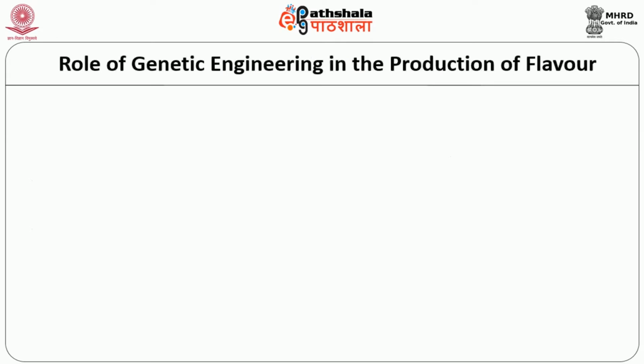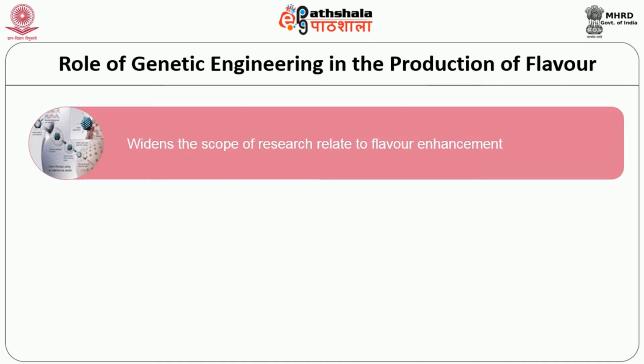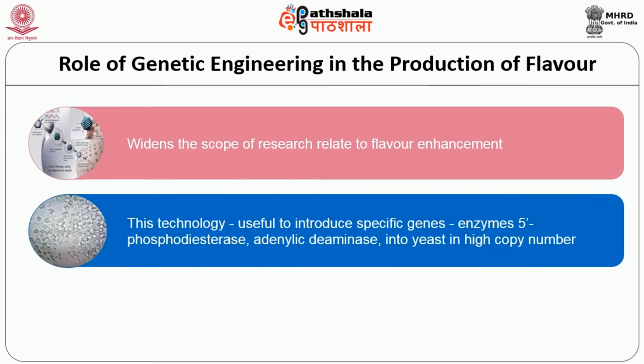Current trends in biotechnology and in particular genetic engineering should widen significantly the scope of research in areas that relate to flavor enhancement. Indeed, this technology will be most useful to introduce specific genes, for example, those encoding the enzymes phosphodiesterase and adenylate deaminase into yeast in high copy number without affecting the RNA production capacity or its growth characteristics.